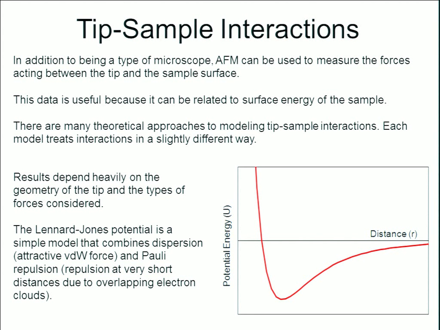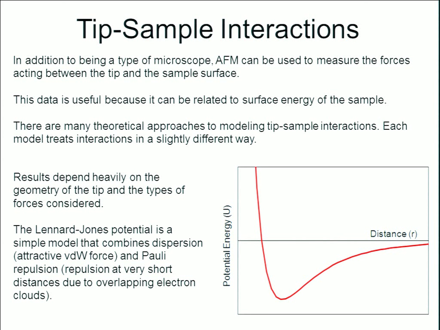So there are many theoretical approaches to modeling this type of interaction, each of them kind of treating that interaction in a different way. And the results depend really heavily upon the geometry of the tip and the types of forces that you're actually considering and including in your calculations.